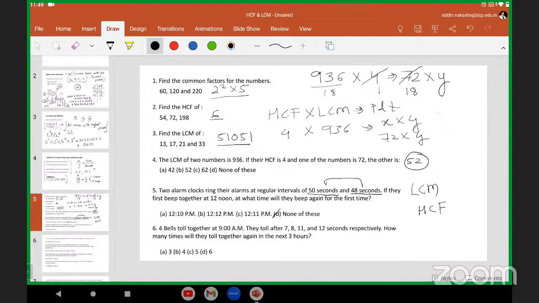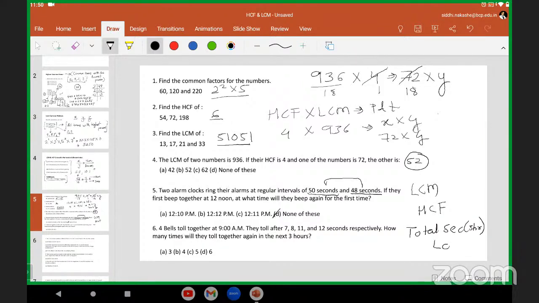Similarly, you can try question number 6, but now they have asked how many times will they toll together again in the next 3 hours. So first of all, check how many seconds there are in 3 hours. Take that number, and when you get the LCM, divide the total seconds that 3 hours consist of by the LCM.